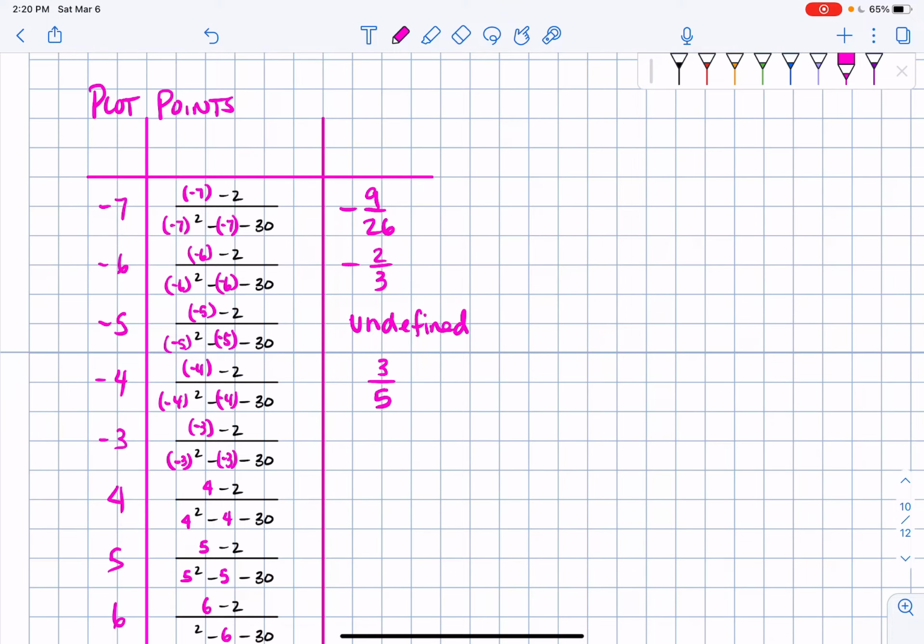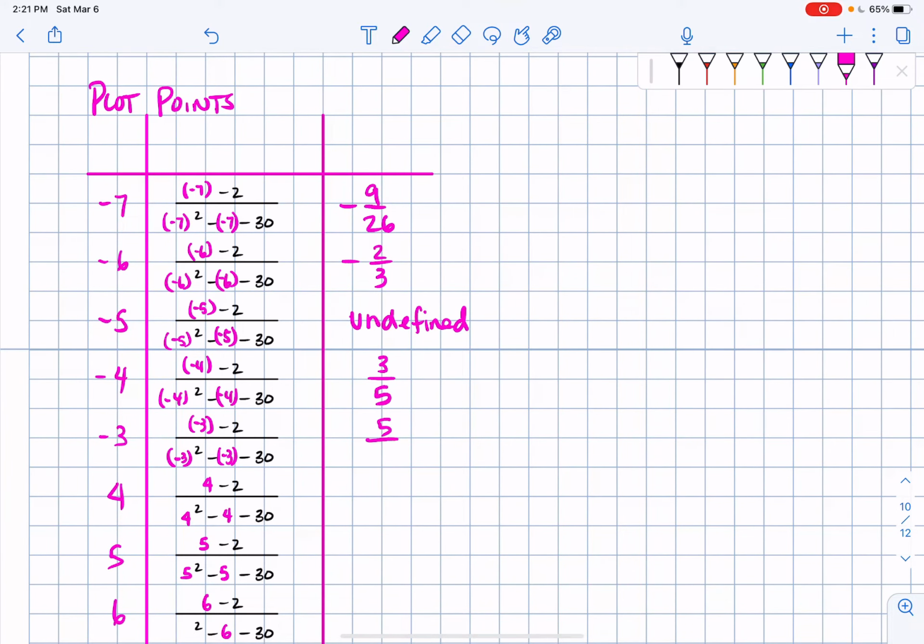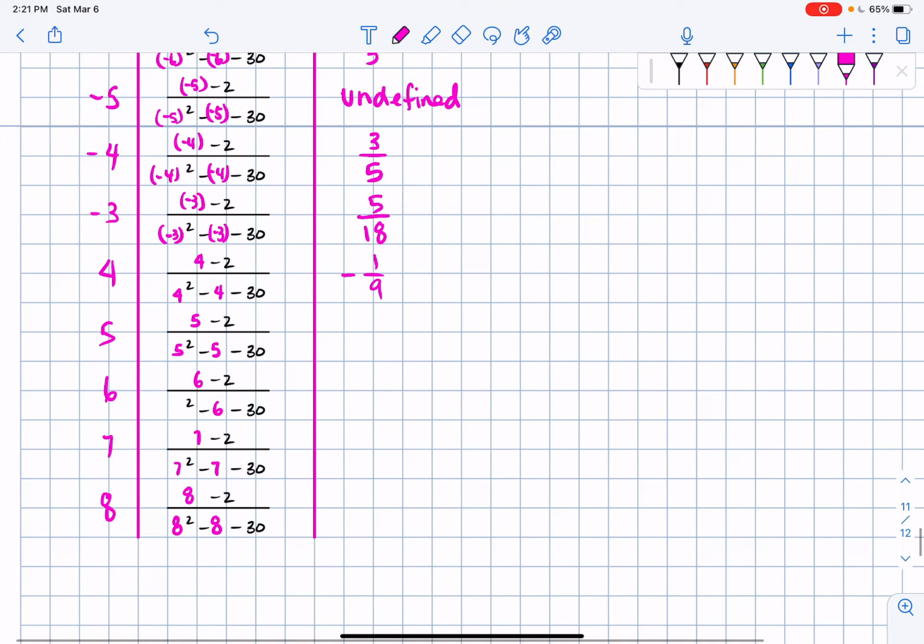This is 5 over 18. Negative 1/9. Not getting any pretty numbers. Negative 3/10.